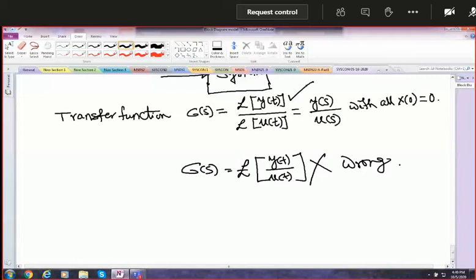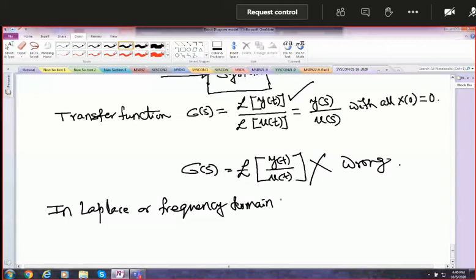Obviously it's in the S domain. So in the S domain, we write Laplace domain, or it's also called the frequency domain, where s is equal to j omega. That's the usual Laplacian definition.